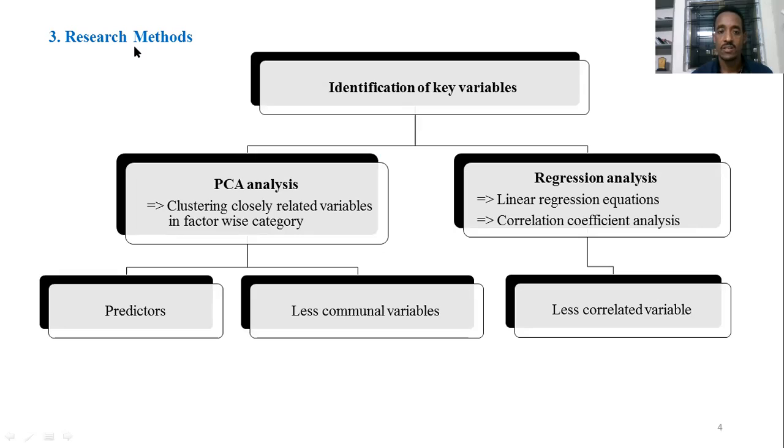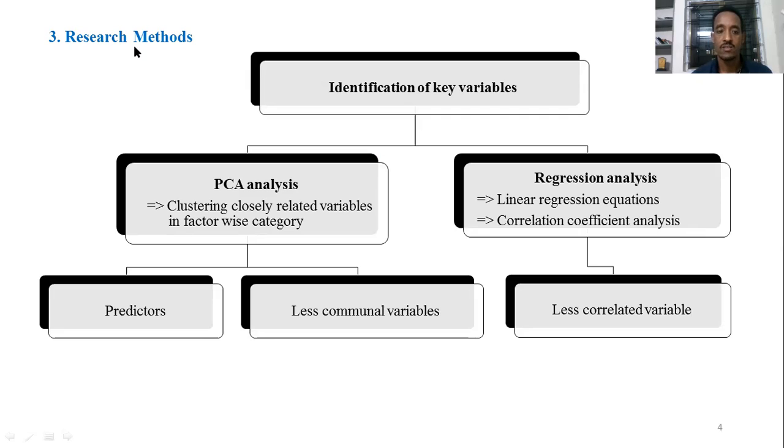In PCA analysis, first, all the measured variables should be clustered into closely related sets, in a factor-wise category. After clustering those variables in each factor, we have to identify the predictors.